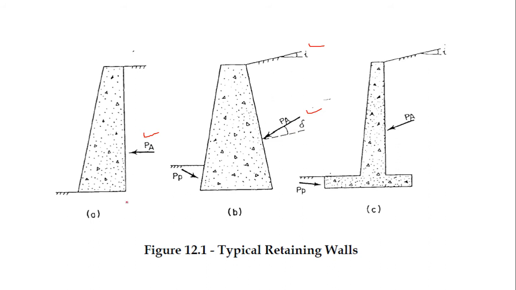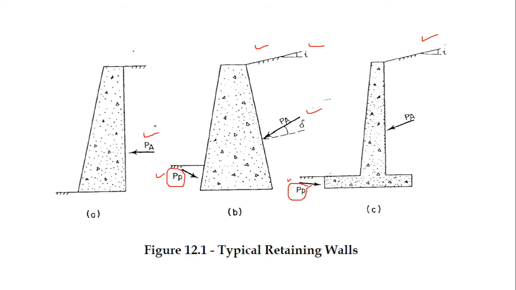Okay, sometimes we have the backfill on both sides. So here on the upstream side and the downstream side, again upstream and downstream, we have the pressure. The pressure on the downstream side we are going to call the passive pressure.